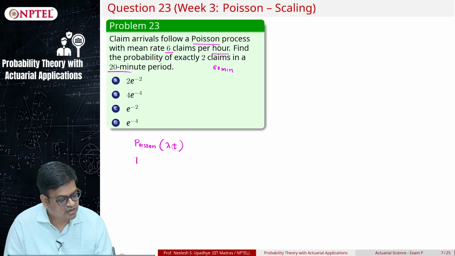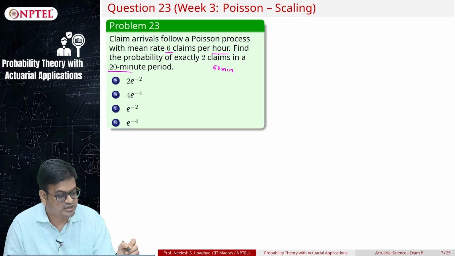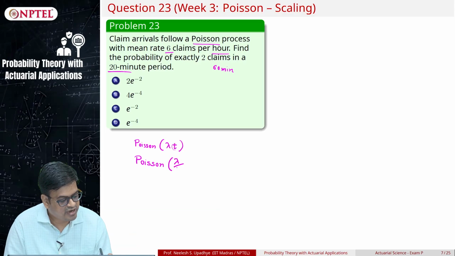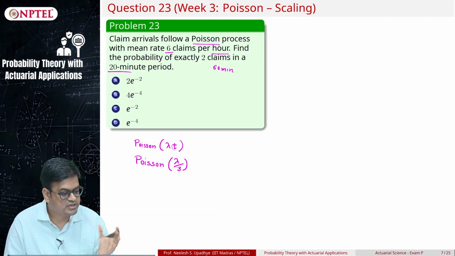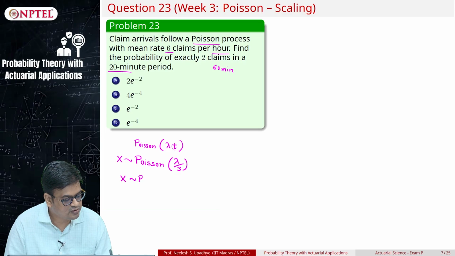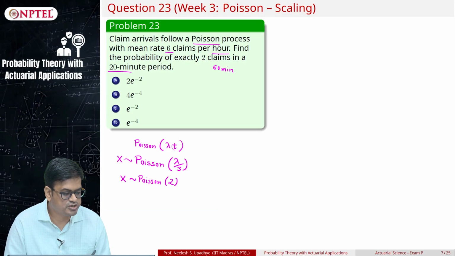That is where we are asked to find the probability in 20 minutes, this will be lambda divided by 3. So, I have a random variable x which follows Poisson with lambda divided by 3. What is lambda here? 6. So, 6 divided by 3 is 2, x follows Poisson 2.